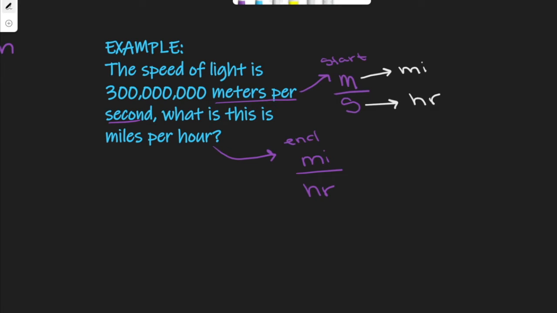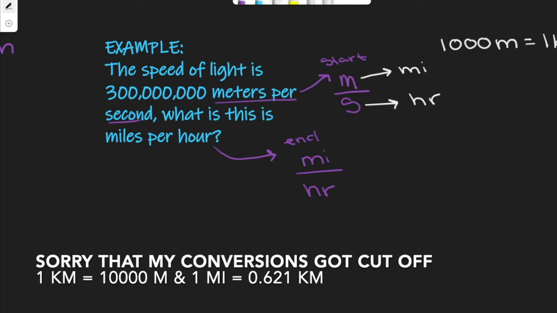I know that there are 1,000 meters in 1 kilometer. I also know that 1 kilometer is equal to 0.621 miles. So there are my conversion factors that are going to get me from meters to miles.